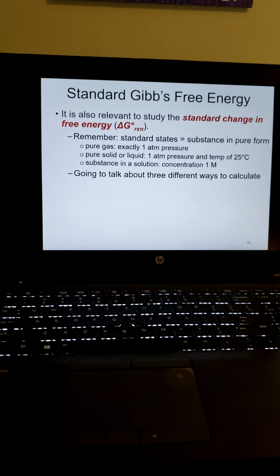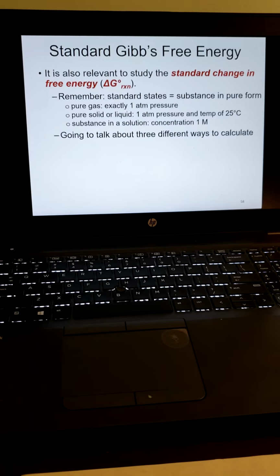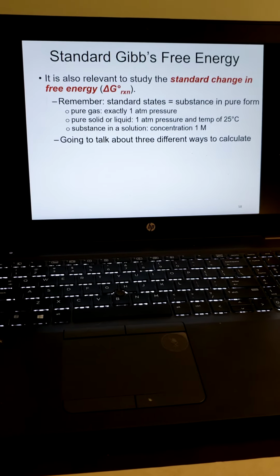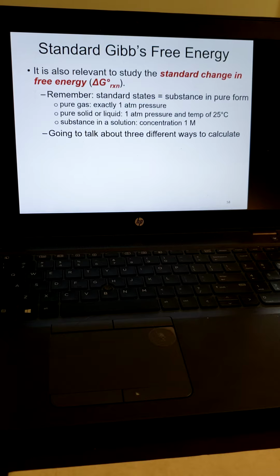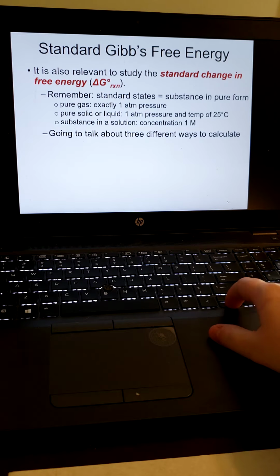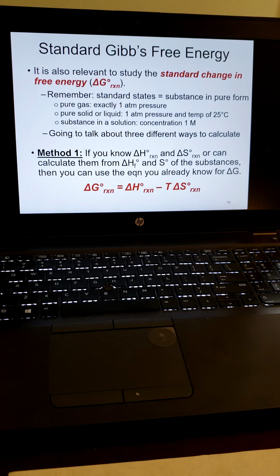All right, so that's how you can calculate standard molar entropy, but let's talk about how we can calculate Gibbs free energy as well. We can also look at delta G naught reaction, again where we're looking at the change in free energy at standard states. There are 3 different ways that we're going to talk about this. The first way, we've already talked about.